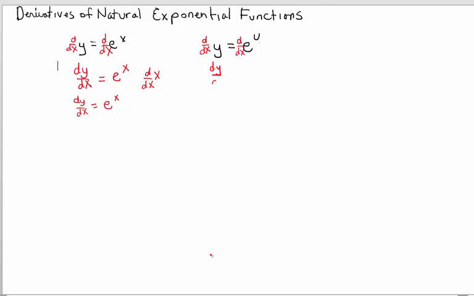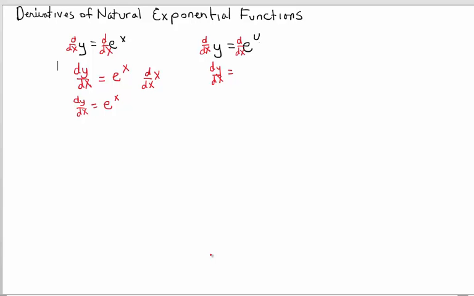dy over dx equals, all right, if we're finding the derivative of a natural exponential function, it's not a power function, so we can't use the power rule. We have to use the exponential rule. It's not a power function where the base is x and the exponent is a number. It's a whole different situation. So we're not doing the power rule where we bring the exponent down and subtract 1.